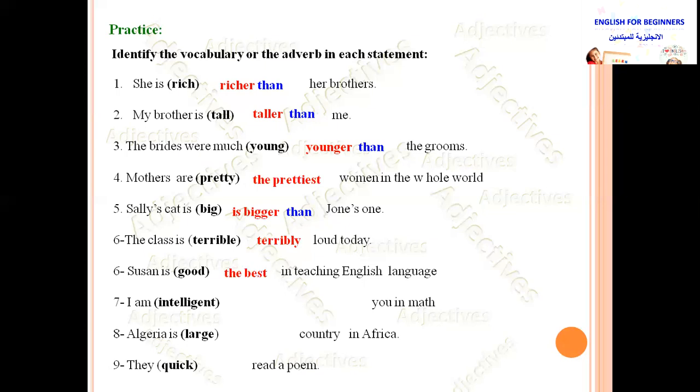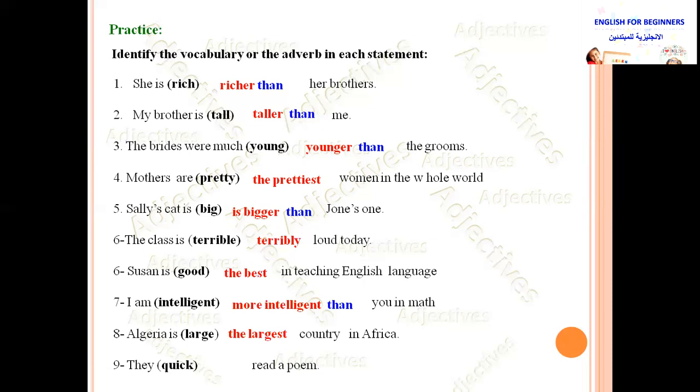It's an irregular adjective. I am you in maths. I am is a long adjective. I'm more intelligent than you in math. Algeria is a country in Africa. Here I am giving my opinion, so it's an adjective in superlative form.